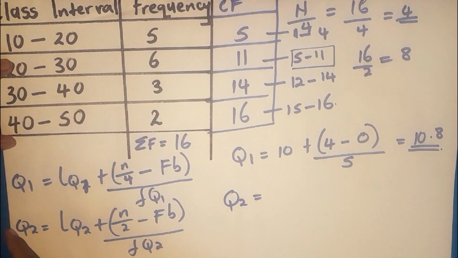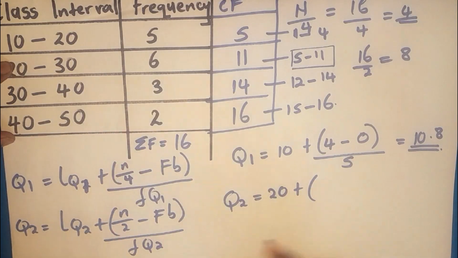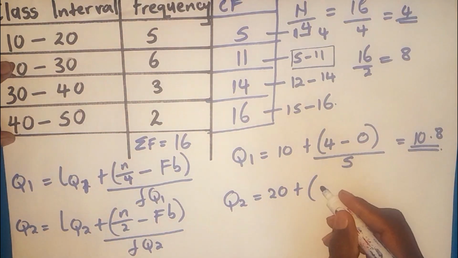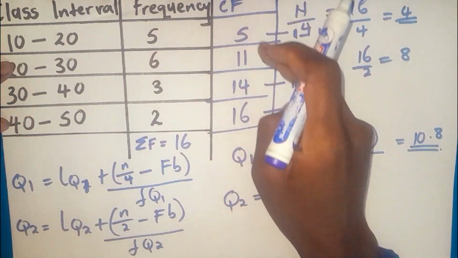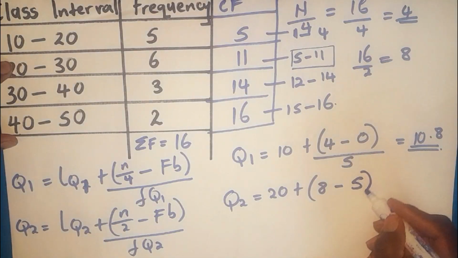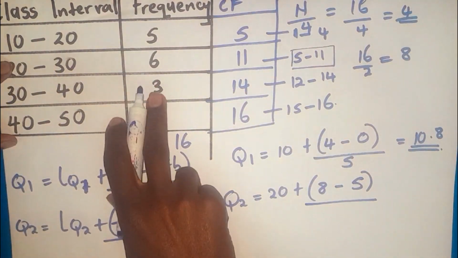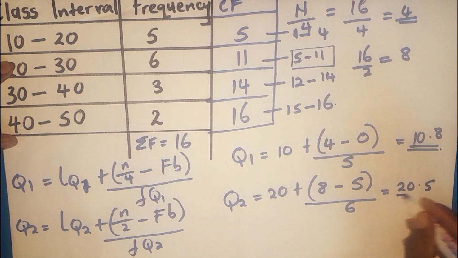The lower class boundary here is 20, plus n over 2, that's 8, minus our FB. The cumulative frequency before the second quartile class is 5, over the frequency of the second quartile class, which is 6. So our second quartile is 20 plus 8 minus 5 over 6. So our answer here is 20.5.